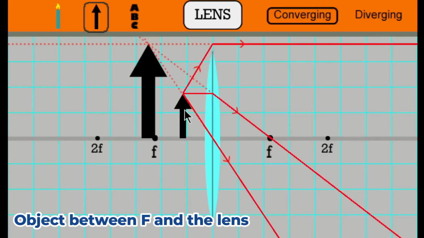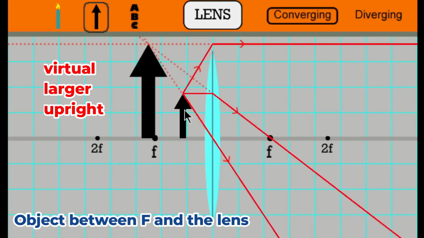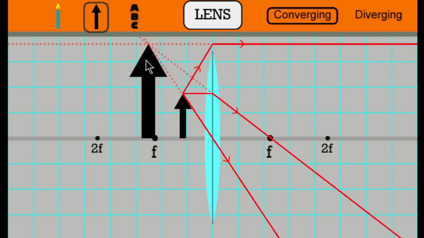And then finally, if we place our object in between F and the lens, you will notice that the image will be formed on the same side as the object. So that means that the image is already virtual, but then it is larger and upright. Okay, so that's all for converging lenses. Tandaan natin ha, ito yung ating image.